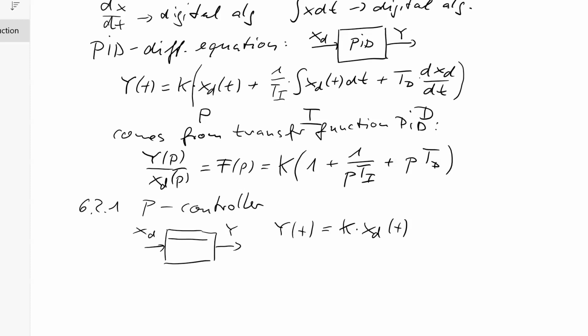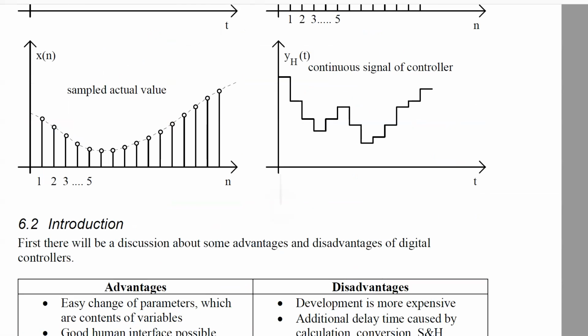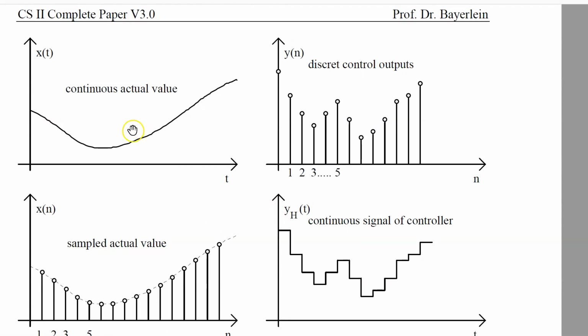Now, in our digital system, I go back to the control system paper. Note that my input signal x or xd is now converted from a continuous time signal x of t into a time discrete value x of n.